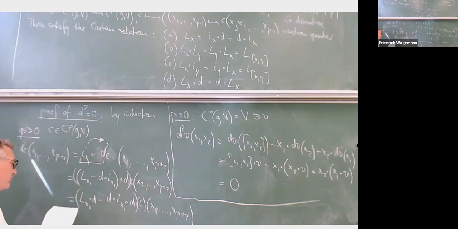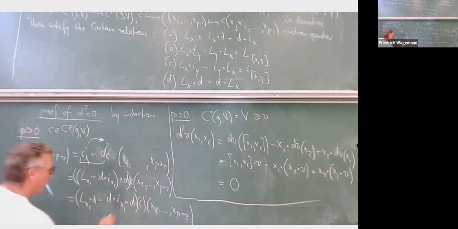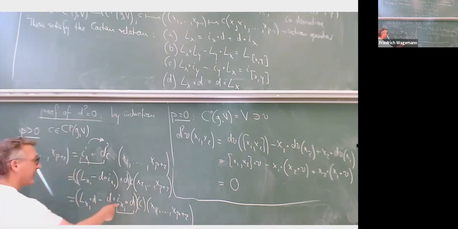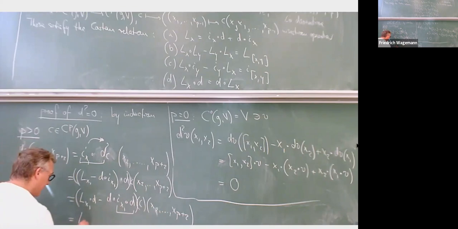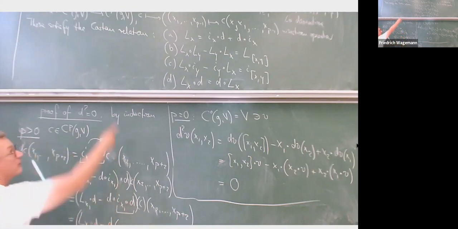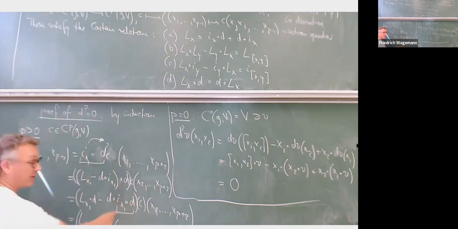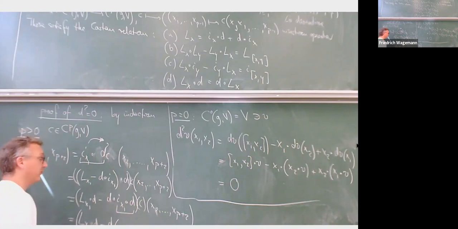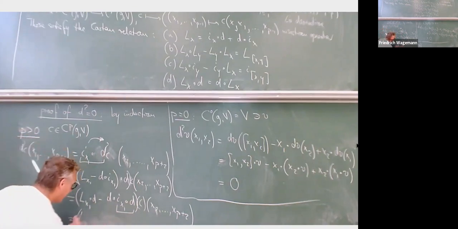And so I have now once again this situation where I have I_{x1} composed with d, and here once again by property A I will, oh, this you don't see anymore. Then I go to the other board.